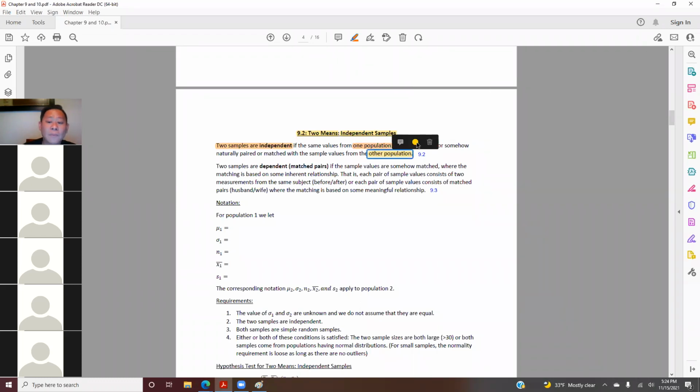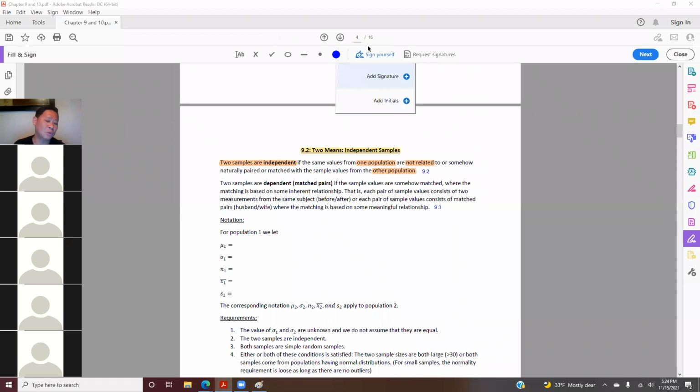Let's say that you got 2 groups. If they are independent, this group has nothing to do with the other group. For example, male and female. If I break the class into male and female, this is called independent, meaning that you can be either male or female.